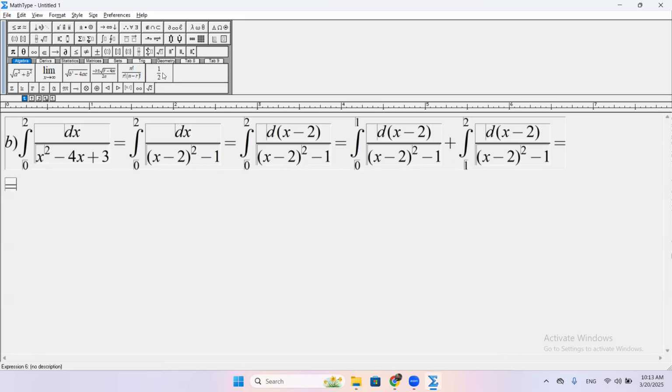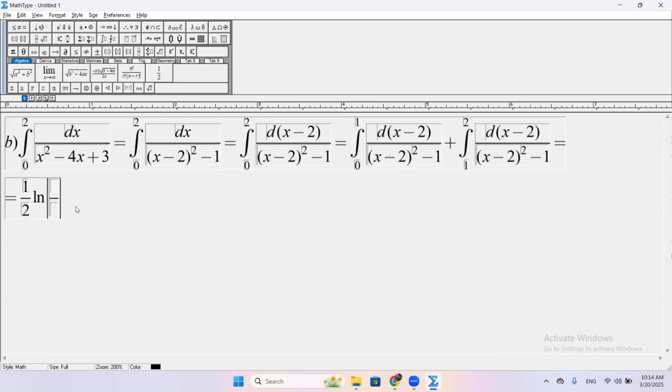Okay, now we have the following integral, the following antiderivative, from 0 to 2. Let's first of all use this absolute value, the module.